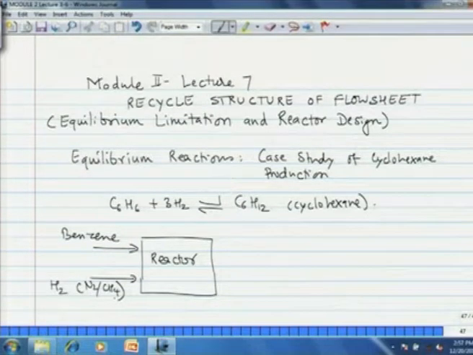This is a vapor phase process. So, benzene is heated till it vaporizes, and then the two reactants are mixed. The reactant mixture is passed over the catalyst in a catalytic reactor, and then the reactor effluent is cooled and the product is distilled off.